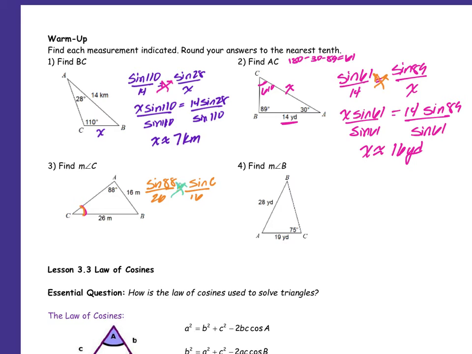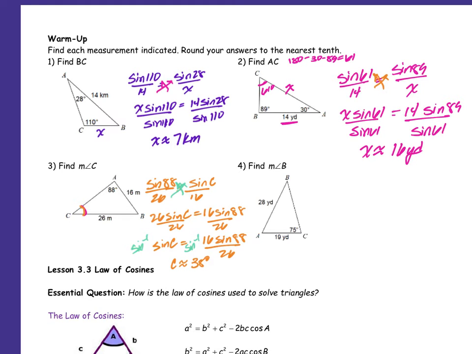Cross multiply, and I get 26 sine of C is going to equal 16 sine of 88, divide by 26, and I get sine of C is going to equal 16 sine of 88 divided by 26. How do you undo sine? Well, you do sine inverse. And C is approximately going to be equal to 38 degrees.